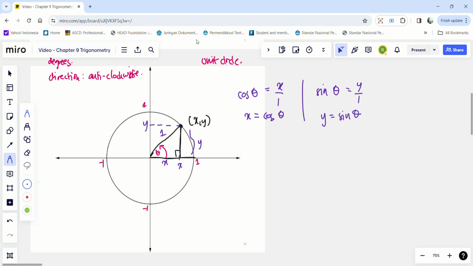In other words, if you look at these coordinates, the coordinates as xy can also be represented as coordinates of cos theta, sine theta.